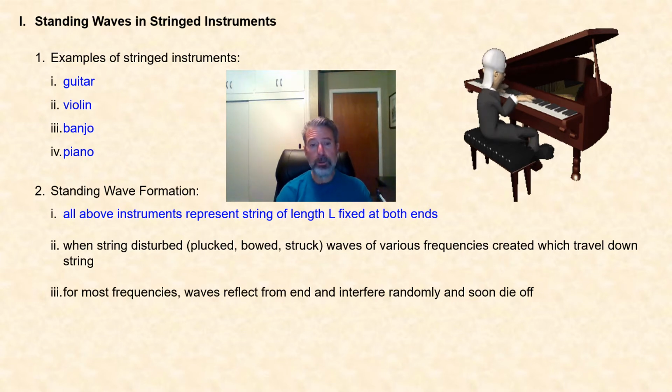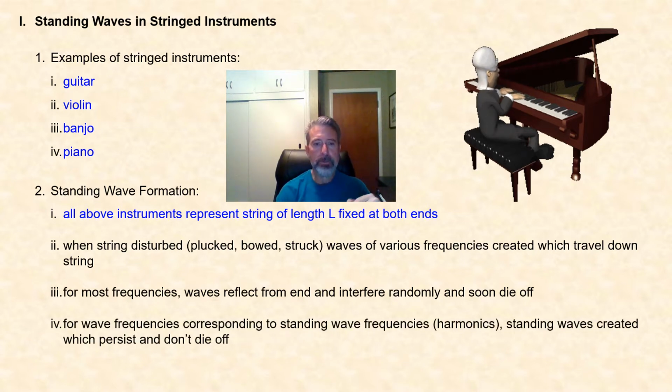For most frequencies, the waves that are sent down will randomly interfere with the waves reflected from the end, and they will die off. You get partial destructive interference, so that the amplitude of those waves will not be significant, and they will quickly disappear, not creating much sound.